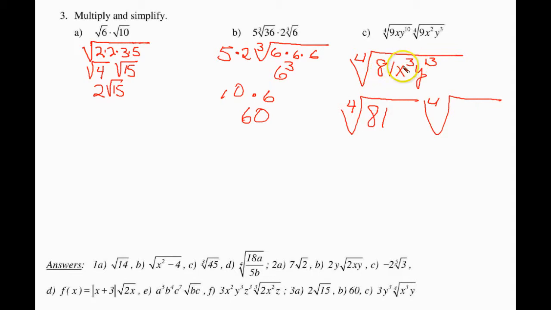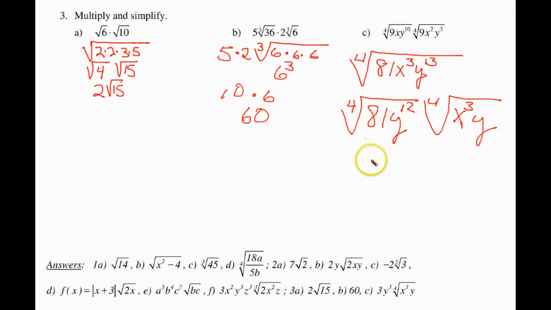X to the third, is that a perfect fourth? No, so it's going over here. Now in y to the 13th, anything that is a multiple of 4 will be a perfect fourth. So that's going to be 12. And what's left over? A y.